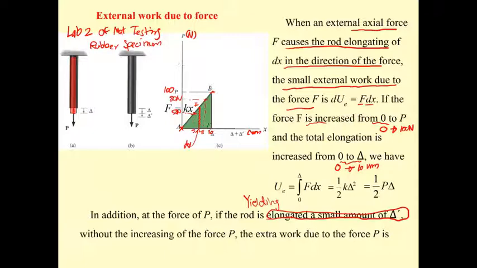And then what we have is that the work due to that increment of delta prime is just P times delta prime, which is represented by the area here. Just the term P times the length here, delta prime, is the area here.